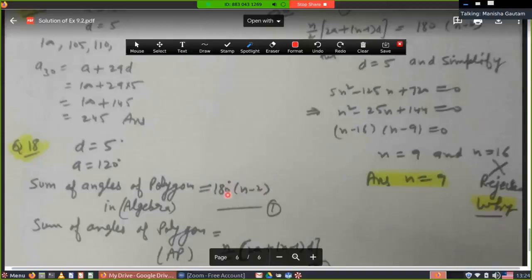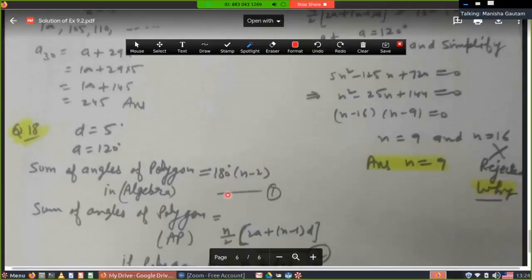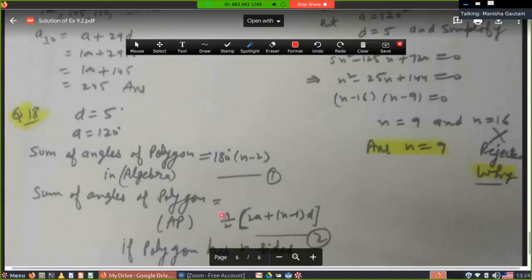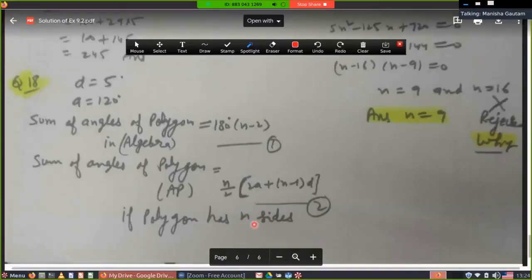But by using the AP, you can apply the formula n by 2 into 2a plus n minus 1 into d to get the sum. Suppose the number of sides is n; here also n is the number of sides. I have written here the polygon has n sides.